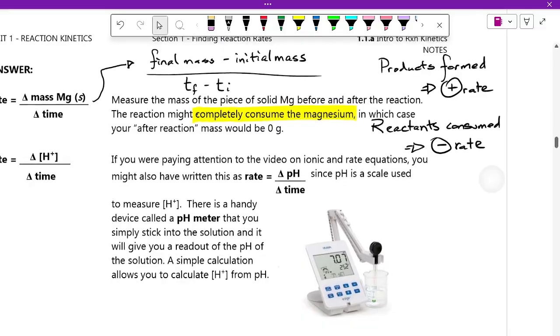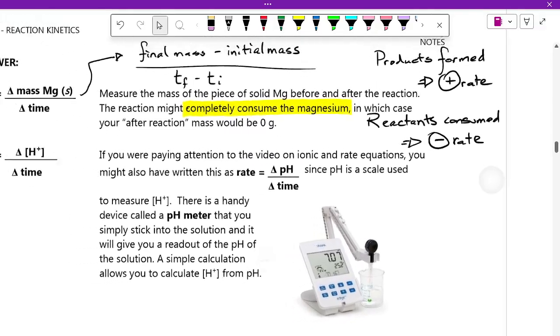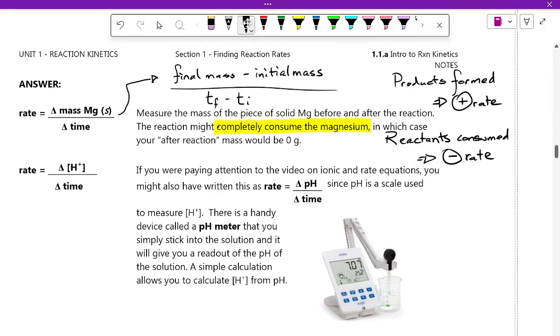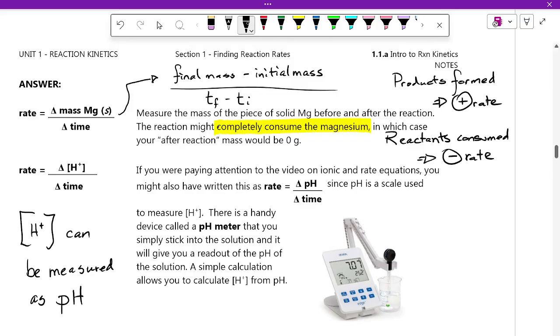And we have a little picture here of a pH meter, because hydrogen can be measured as pH. So you can find the change in pH over the change in time, and literally it looks like this.